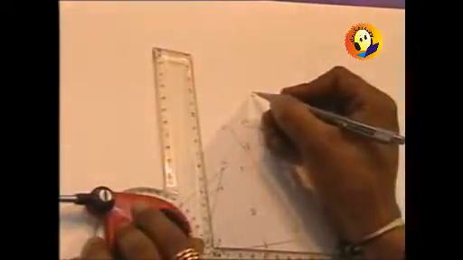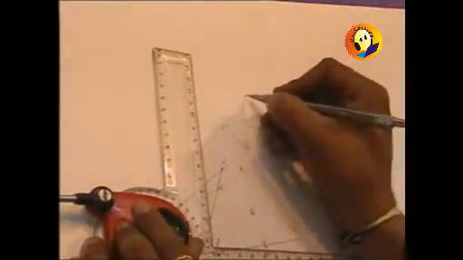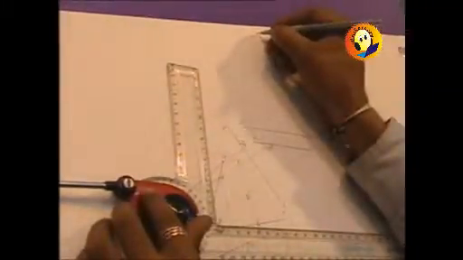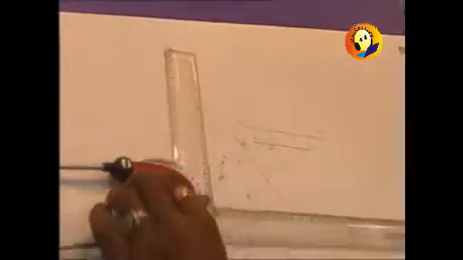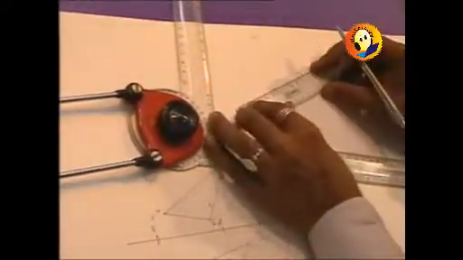So this was my point C dash. Then I have a point A dash, and I have point B dash. So if we connect these 3 points, then we get the true shape.